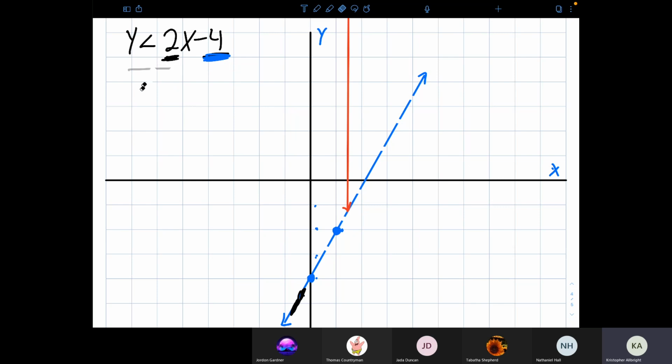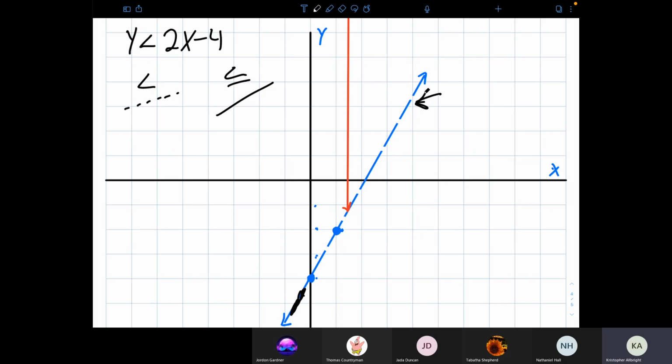And when it is time for shading, you know that this goes with a dashed line, and this goes with a solid line. So just when you're drawing your regular line, you know whether to use dash or solid.